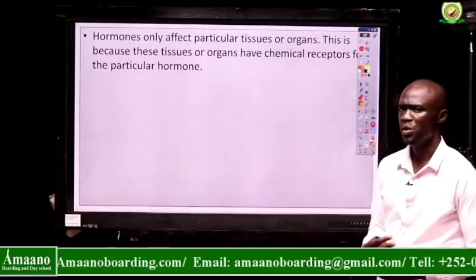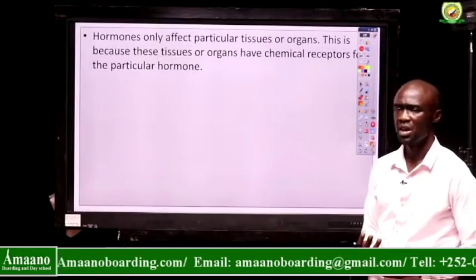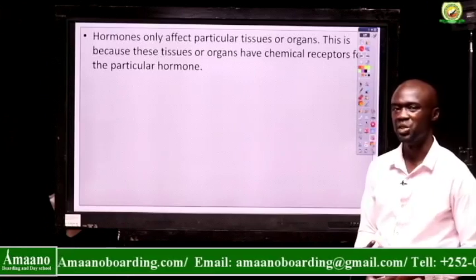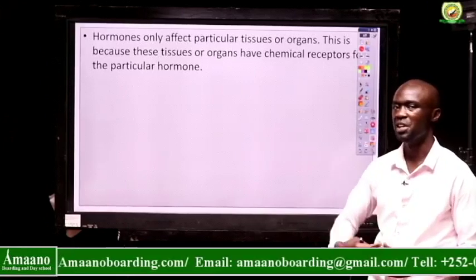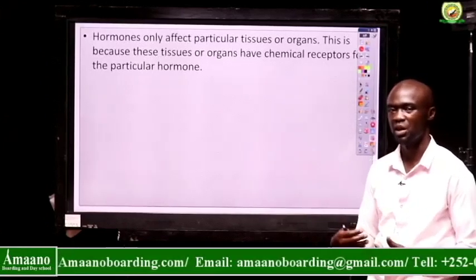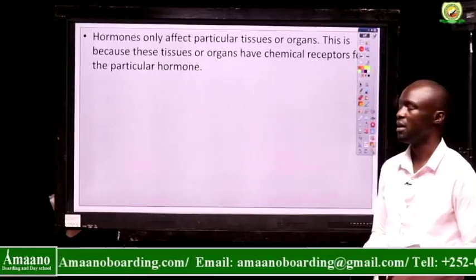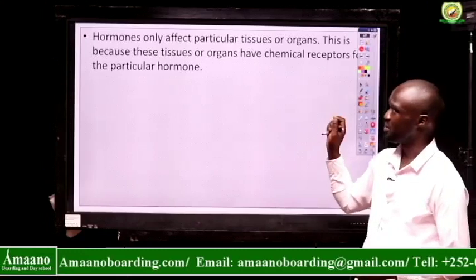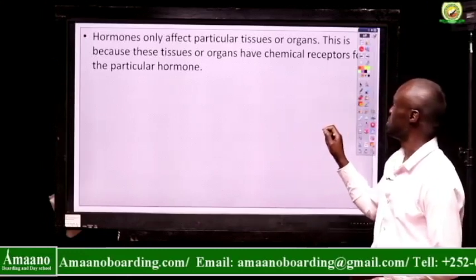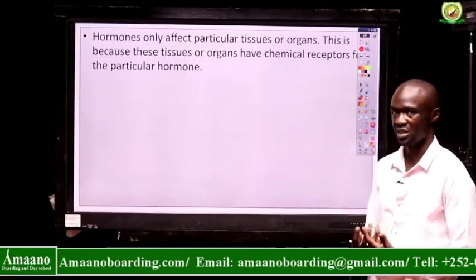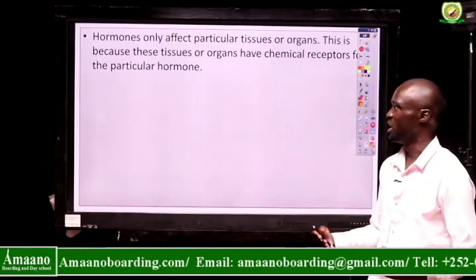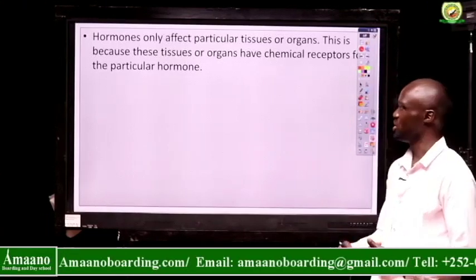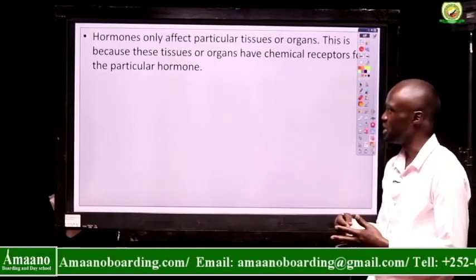Then, when you look at hormones, they only affect a particular tissue, which we call the target tissue, or a particular organ, which we call the target organ. The reason is that it is that particular organ that has what you call receptor sites, where the hormone can fit. So that hormone will only affect that particular organ.